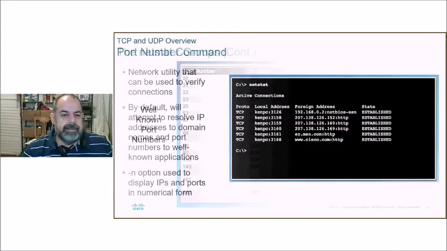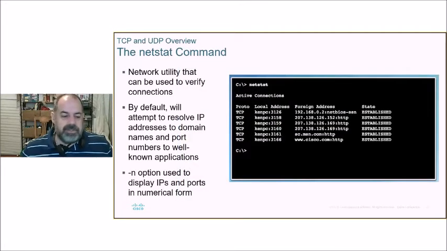Okay, so you can use a netstat command to verify connections. If you just type in netstat, it will tell you active connections. That implies TCP, because UDP is connectionless. If you just type it in, it will try to resolve IP addresses and port numbers.